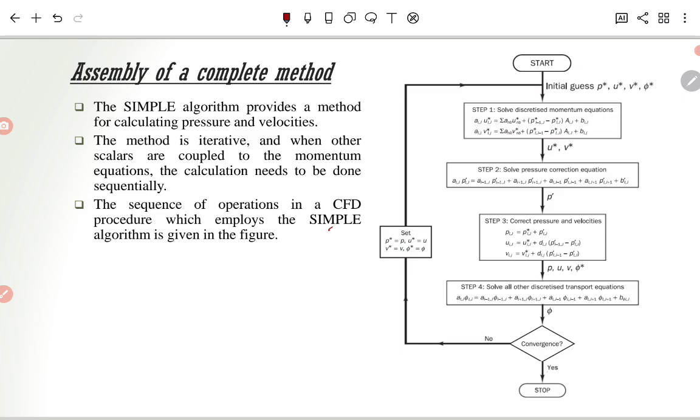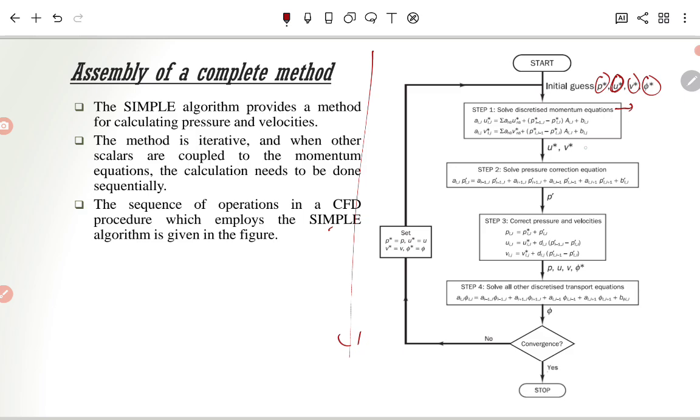We can simplify it as in this flowchart. We start here: we guess the initial value for the properties that we want to study, let's say the pressure, the U component, the V component, and also the transport properties. We guess the values and then solve the discretized momentum equation using the guess values.